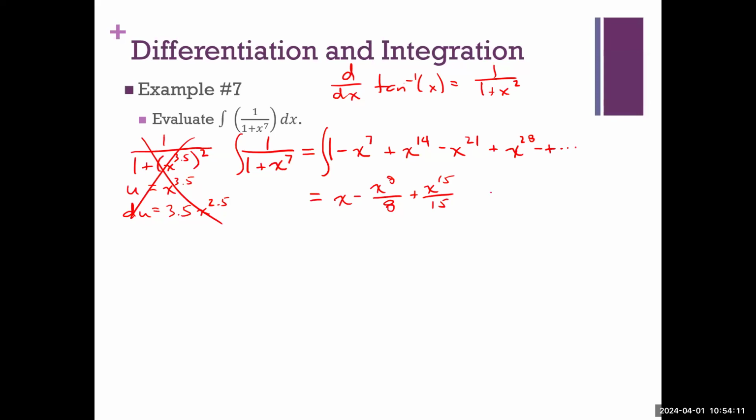Okay. So we got the first 3 terms. Now what?